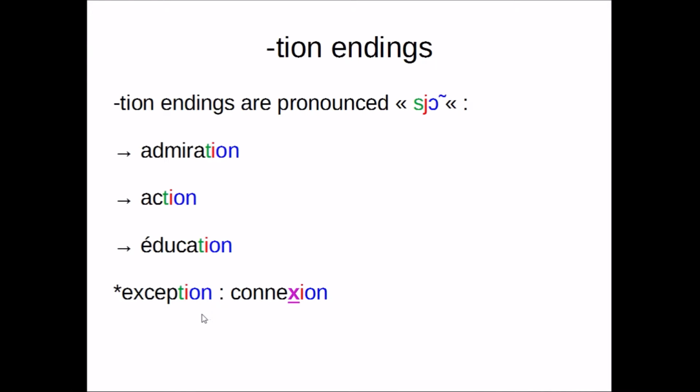Exception in French is exception as well. So there's an exception to this spelling rule, which is connexion. In English, it's written with C and T, and in French, it's written with an X. So we say connexion, so it's the same sound, but it's not the same spelling.